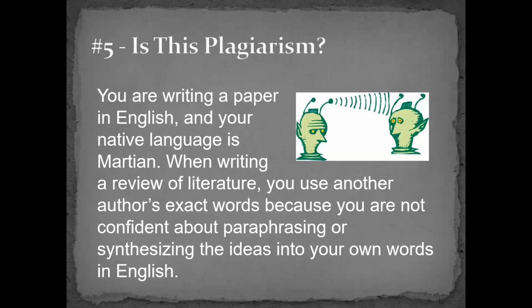You are writing a research paper in English. Your native language is, I don't want to tell, so I have put Martian. While writing a review of literature, you use another author's exact words because you are not confident about paraphrasing or synthesizing the ideas into your own words in English. Again, even when translating, you have to give credit to the author.